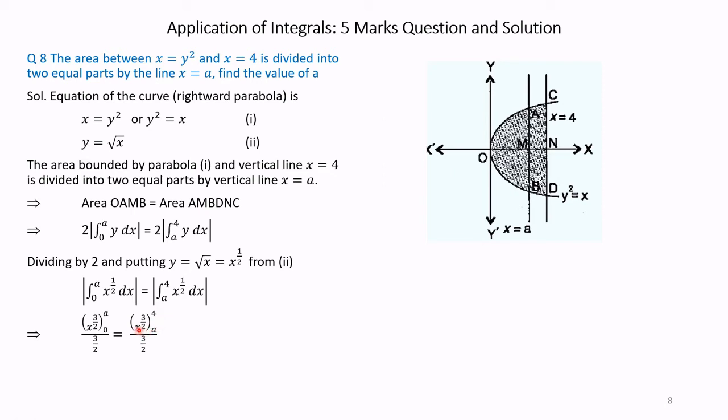Therefore, it is x to the power of 3 by 2, a to 4, divided by 3 by 2. That becomes 2 by 3 on both sides into a to the power of 3 by 2 minus 0 equals 2 by 3 into 4 to the power of 3 by 2 minus lower limit a to the power of 3 by 2.